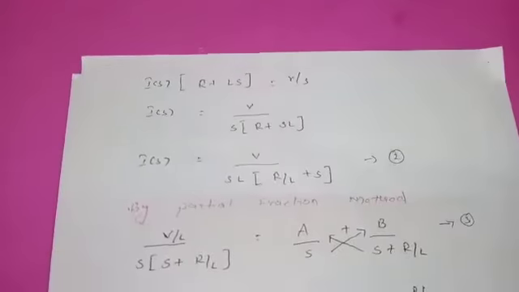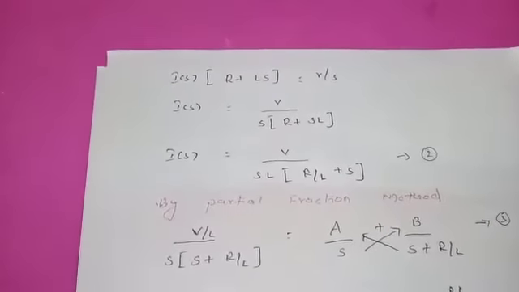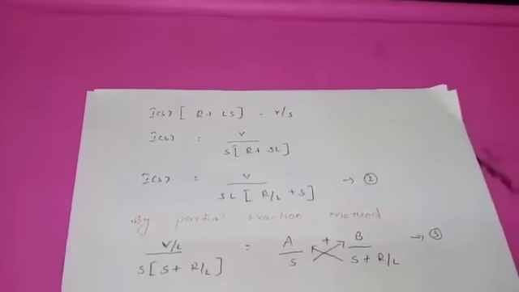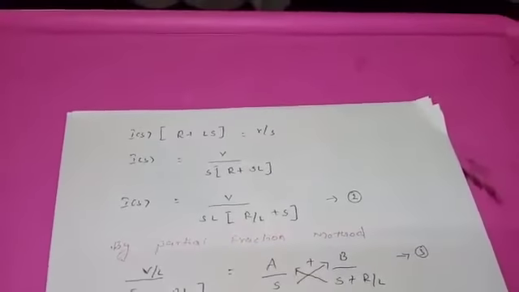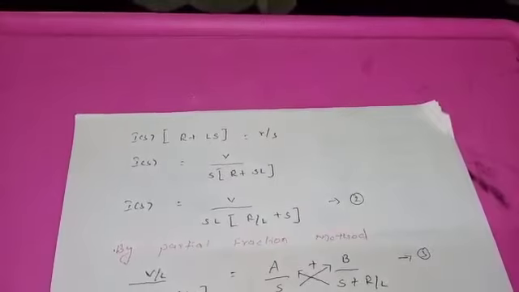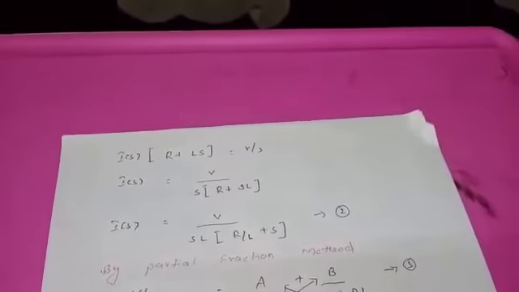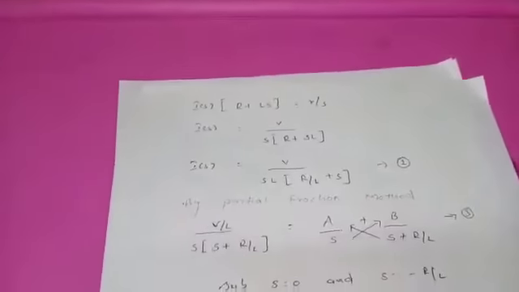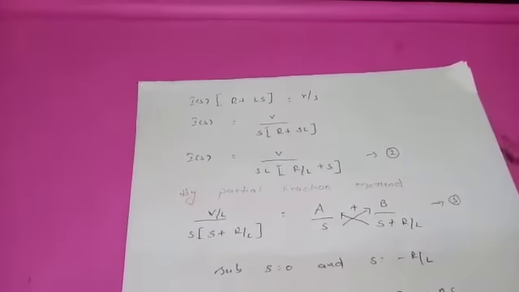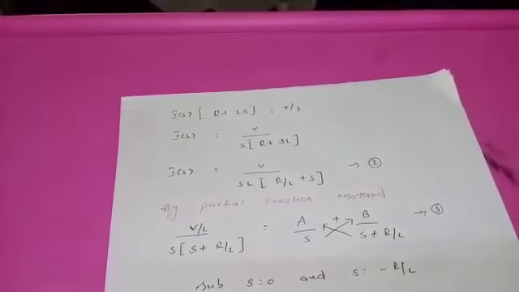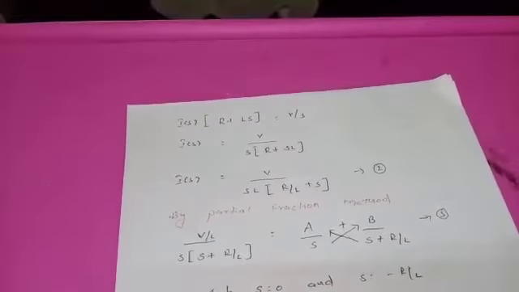We get I of S into R plus L into S is equal to V by S. Our response of the circuit is current, so taking I of S to the left-hand side, I of S is equal to V divided by S into R plus S into L.